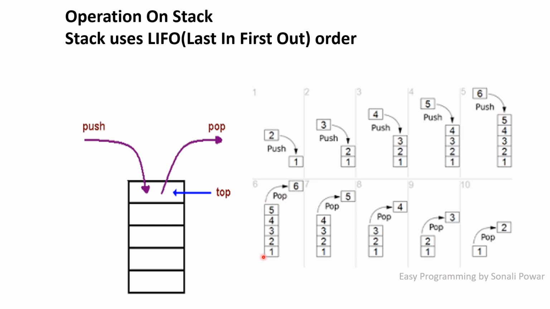Now this will be your resultant stack, and if you operate the pop operation again, it will remove this 5 first, and at the last it will pop the 1. So जो last में आता है वो first delete होगा. So it follows this LIFO order, last in, first out.